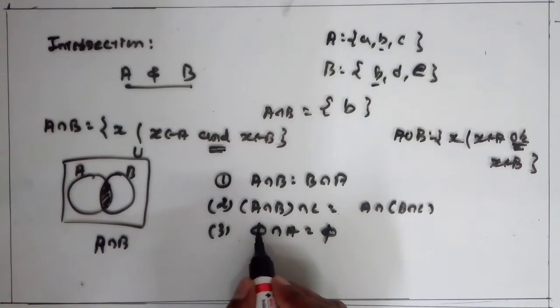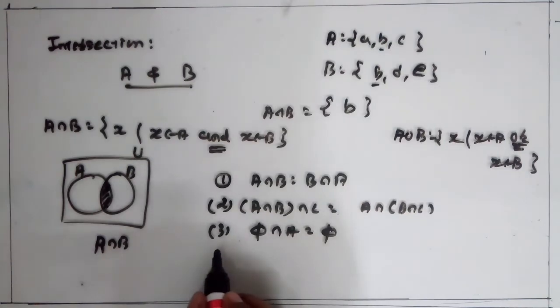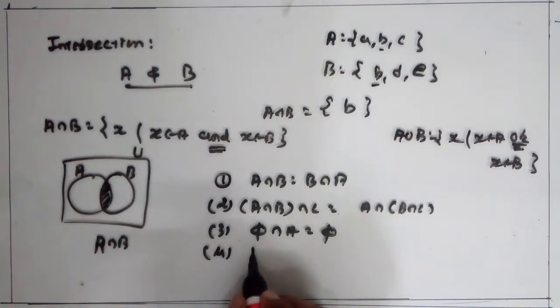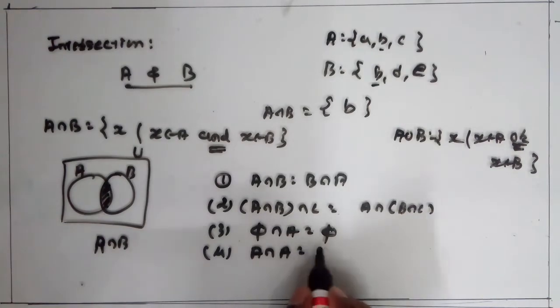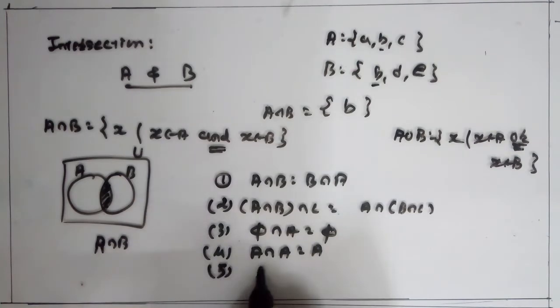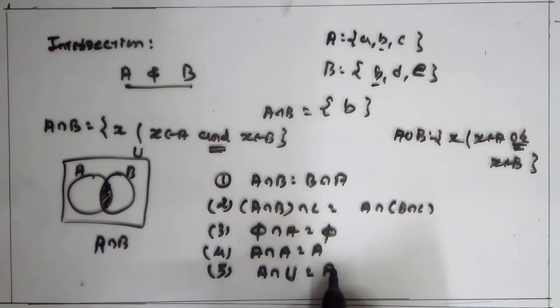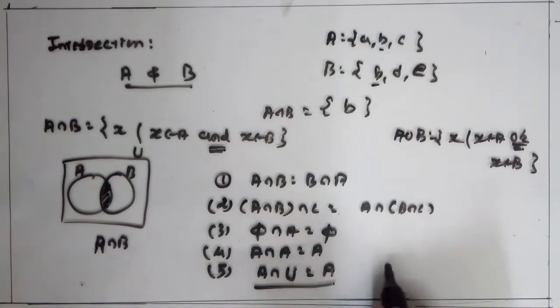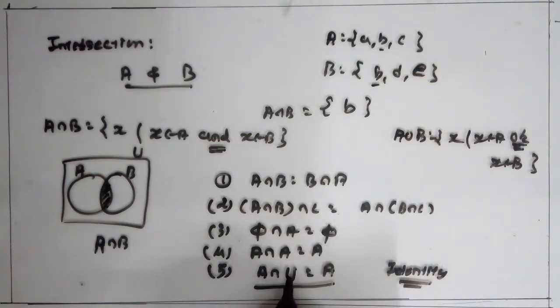Clear? Next, A ∩ A is equal to A. You know that this is the idempotent law. Next, A ∩ universal set is equal to A itself. Clear? Here in this case, the universal set is the identity. So the identity for the intersection operation is the universal set.